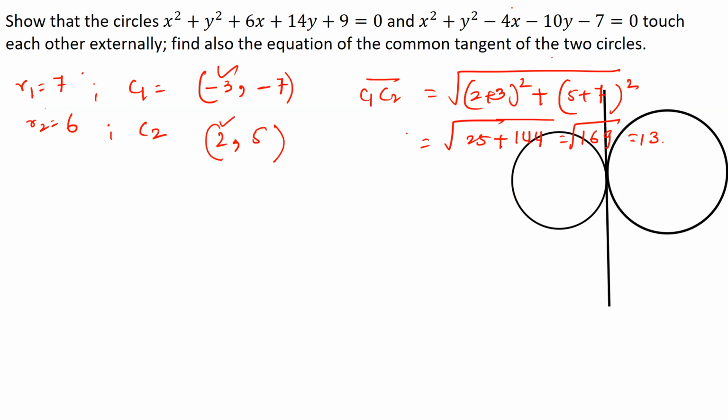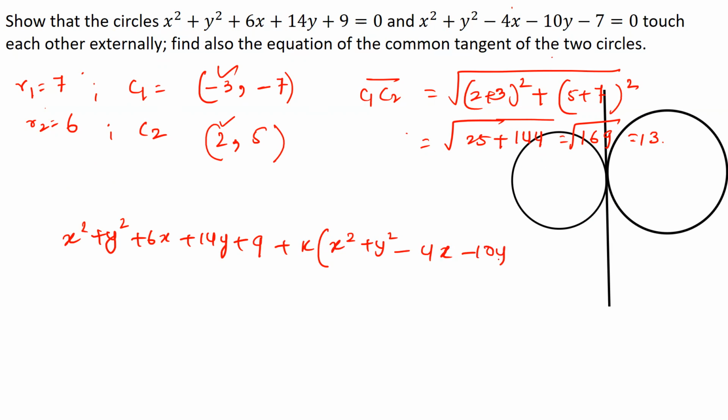So that actually gives us all the circles, and also it can give you straight lines under certain conditions. So let me explain a bit more. If I take this equation plus k times this second equation, let me write it down first, and then I'll explain. x square plus y square plus 6x plus 14y plus 9 plus k times x square plus y square minus 4x minus 10y minus 7 is equal to 0.